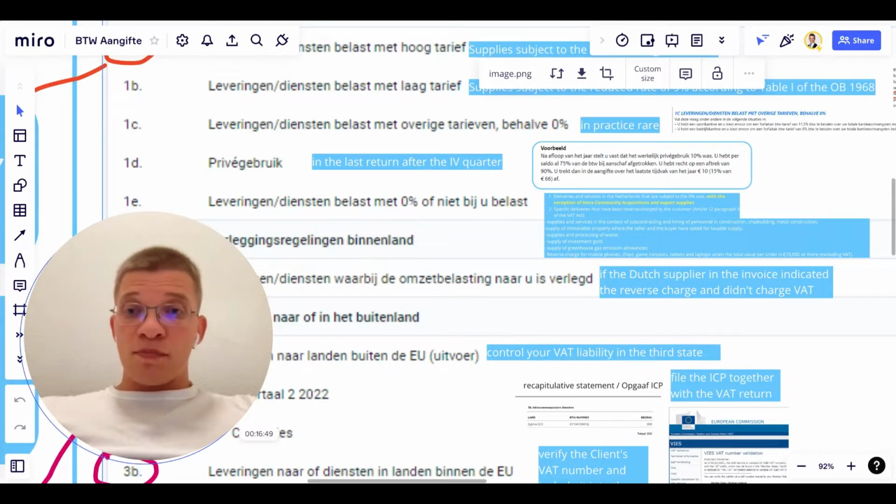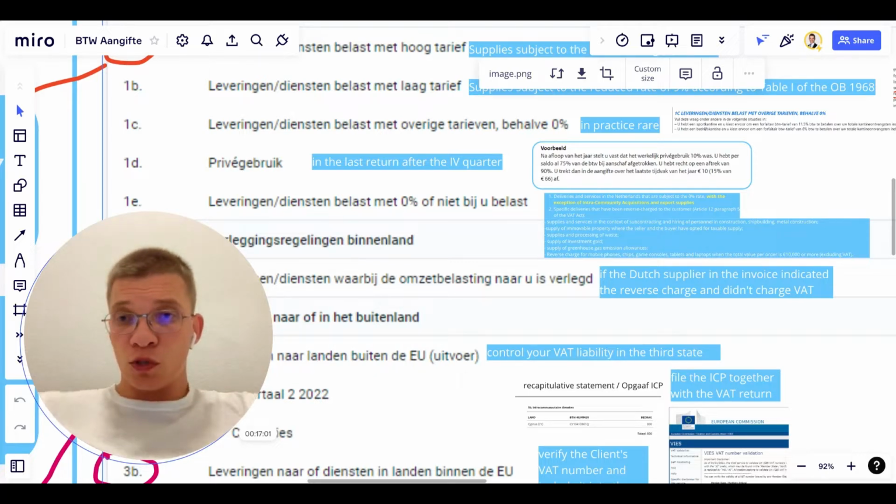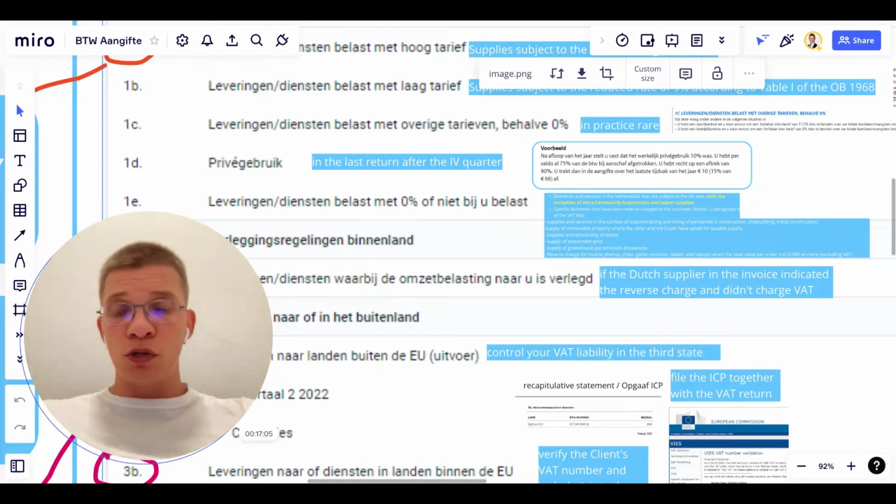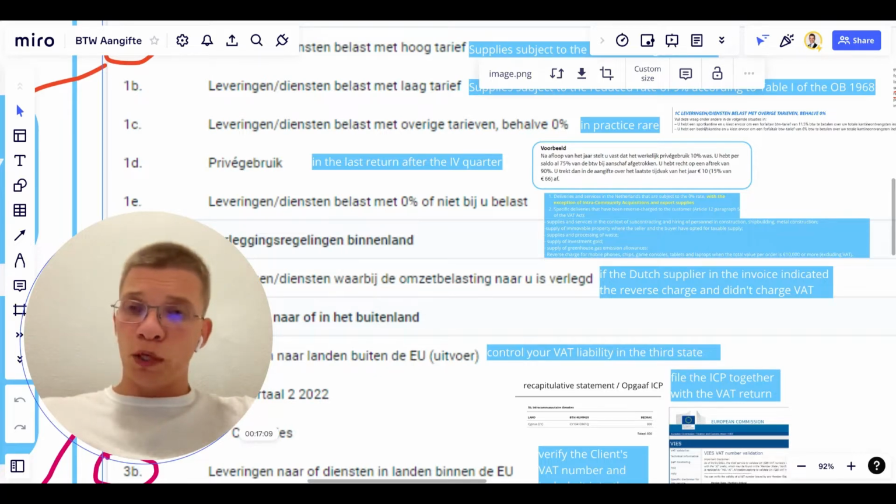The same problem arises when you use a good or a service which is supplied to you not only for taxable purposes but also for private use. For example, you use a computer, a mobile network, Wi-Fi, not only for work but also for leisure.